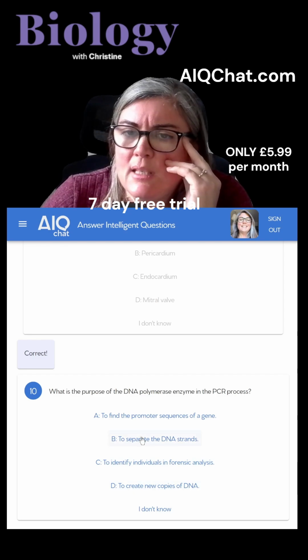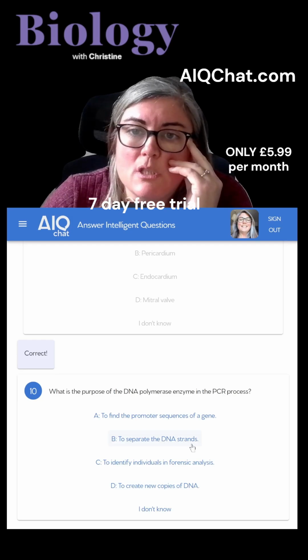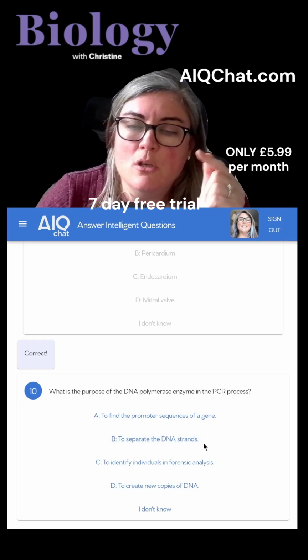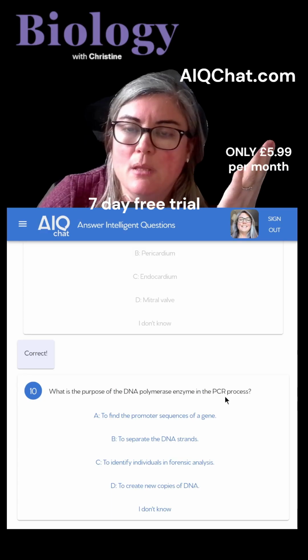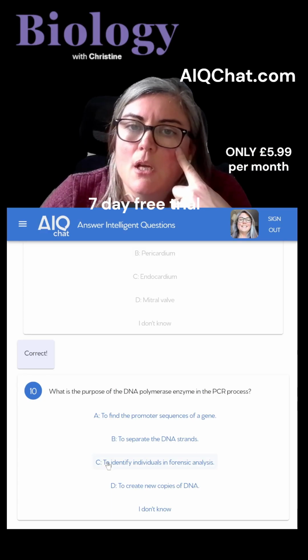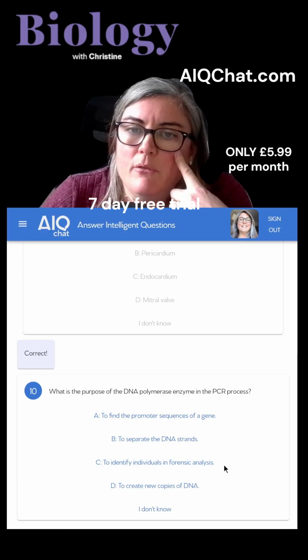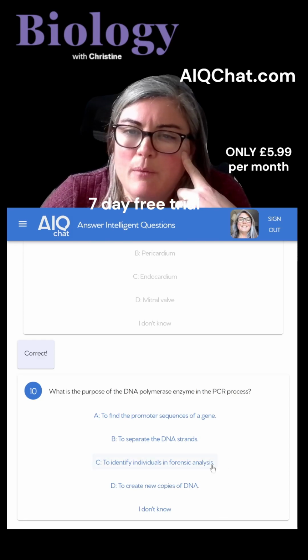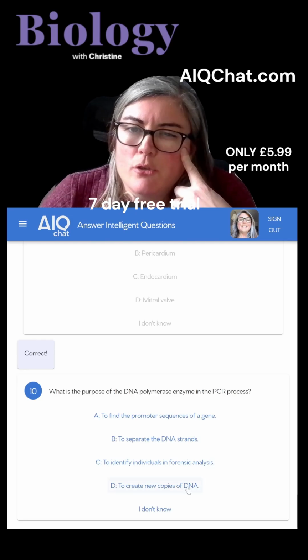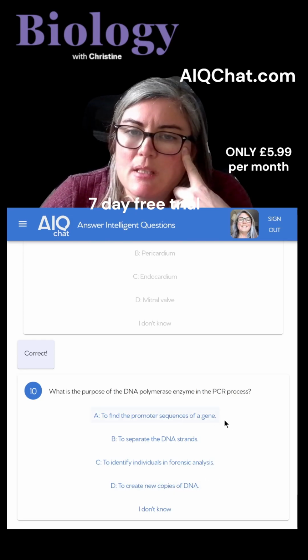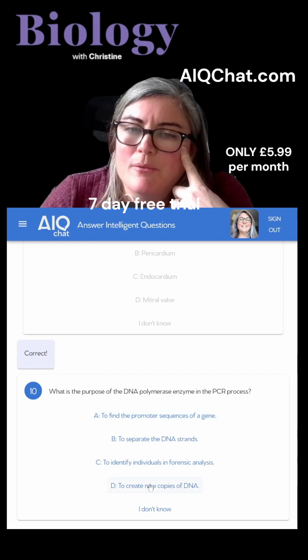It's not to separate the DNA strand, because separation of the DNA strand would be the denaturation, which is why we raise the temperature up in the PCR process. To identify individuals in forensic analysis, that would be gel electrophoresis and creating a DNA profile. So it's not B and it's not C. To create new copies of the DNA or to find the promoter sequence. Ooh. So DNA polymerase builds the strand.